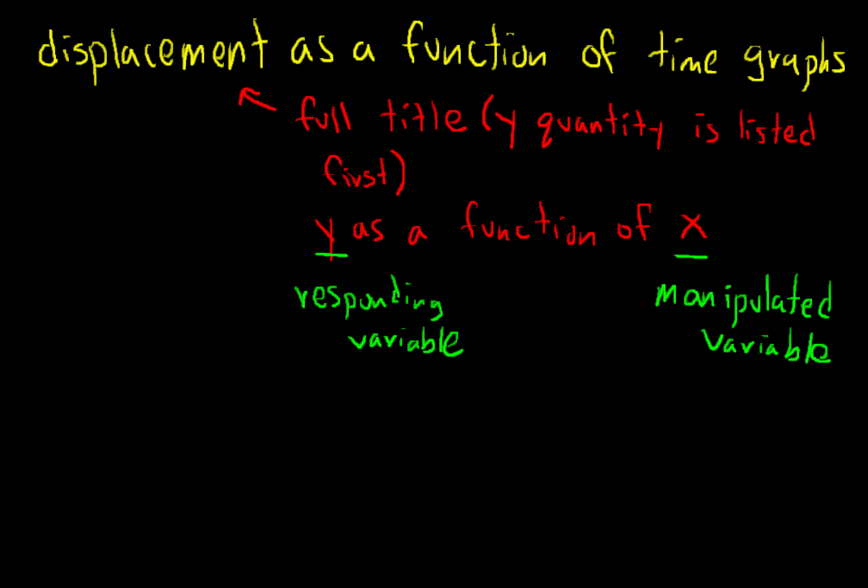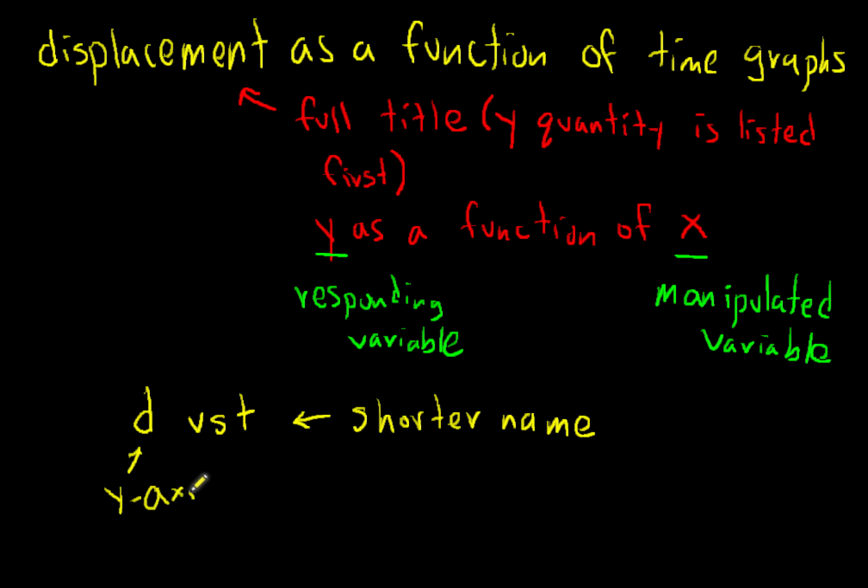As a short form to make saying the title a little faster, sometimes we also will refer to these as d versus t graphs. But again, in this shortened version of the title, the first listed quantity is the y-axis quantity.